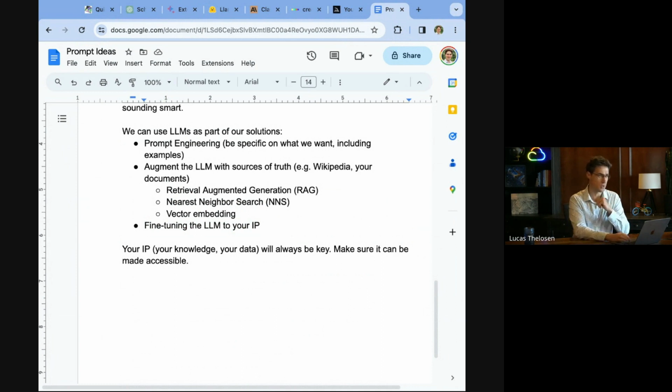so we can build the best solution for your business. I think one of the key takeaways, and this has always been true and will continue to be true, your IP, your data is going to be key. So that's going to be the differentiator to anyone else out there, right? Everybody can write a generic birthday note. Everybody can write a generic contract. But what makes this contract better than anyone else's is your IP, how you have done things in the past.